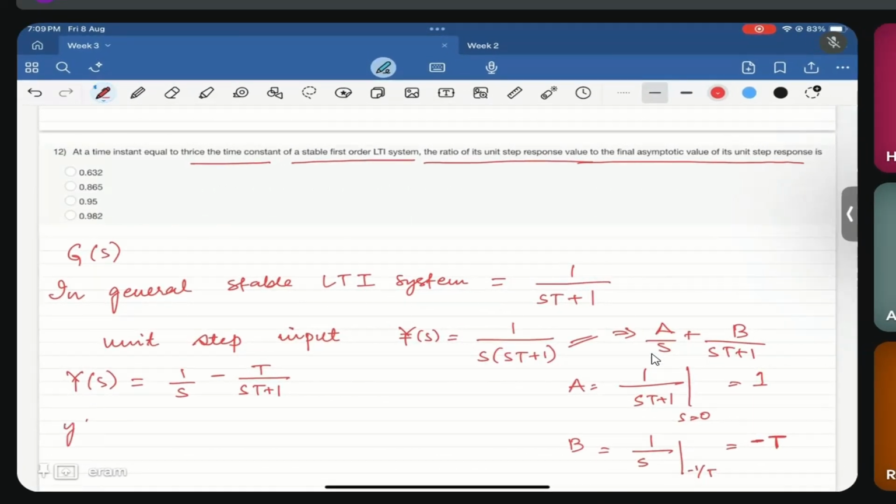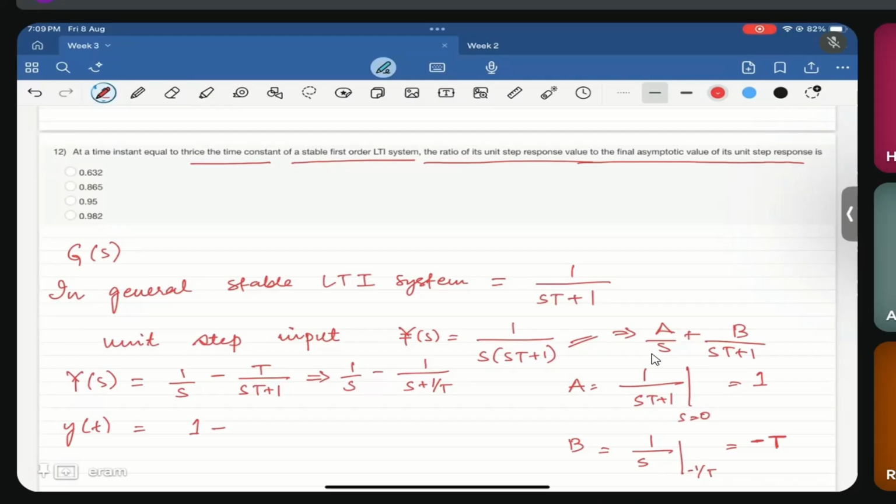So what is y(t)? It is 1 minus, if we divide the second term's numerator and denominator by T, we will get 1 by (s plus 1 by T). Can we write it like this? Yes.